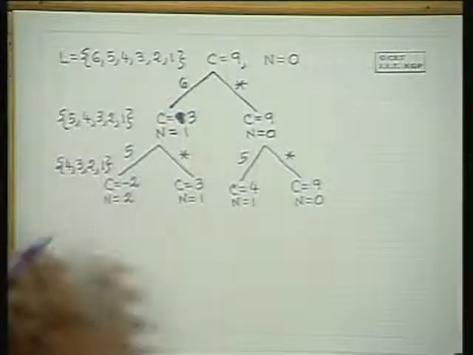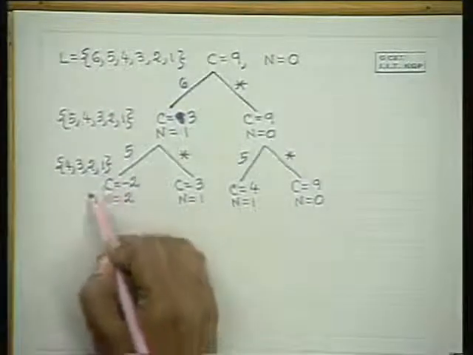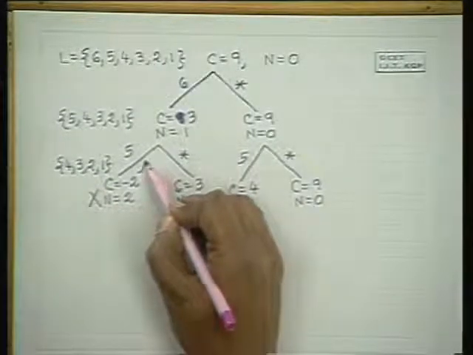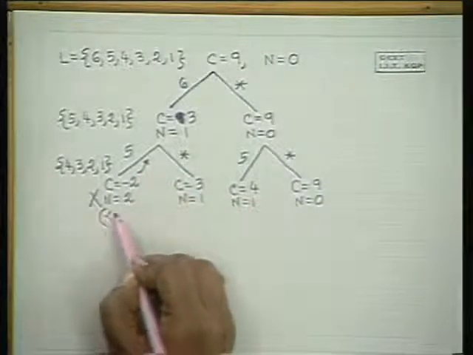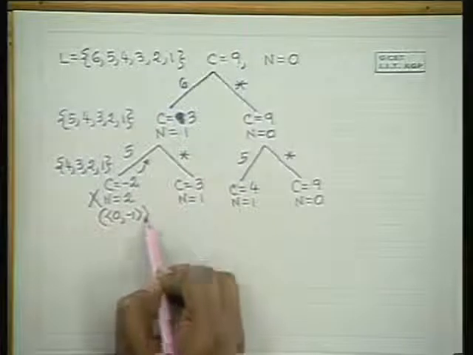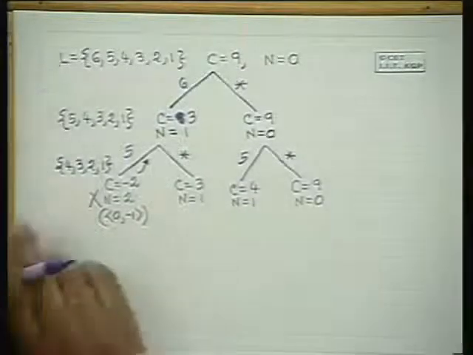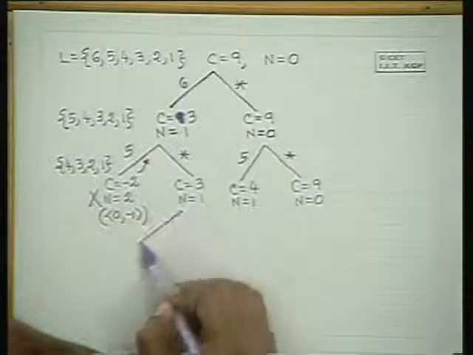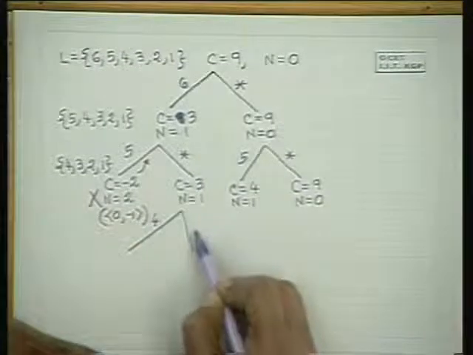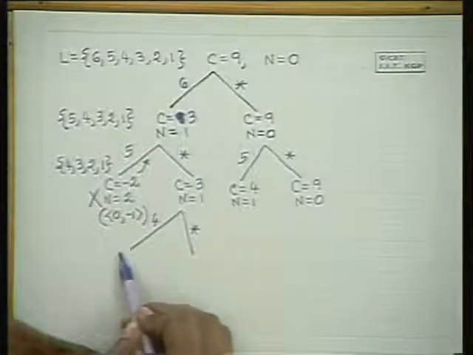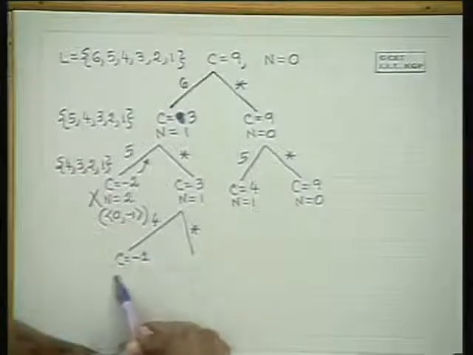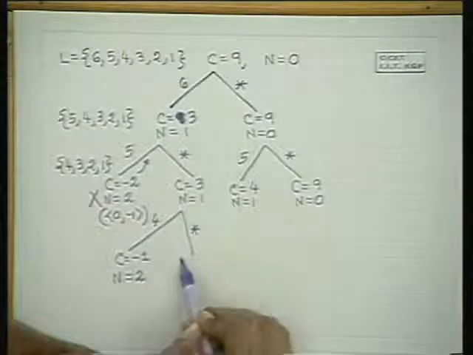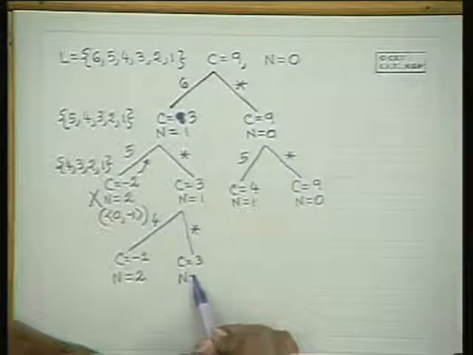Now here obviously you stop because C is negative, so you return 0 minus 1. But here neither is C 0 or negative and N is 1, so you've got the option of choosing 4 or not choosing 4. If you choose 4, you get C equal to minus 1 and N is equal to 2. Otherwise C remains 3 and N remains 1.